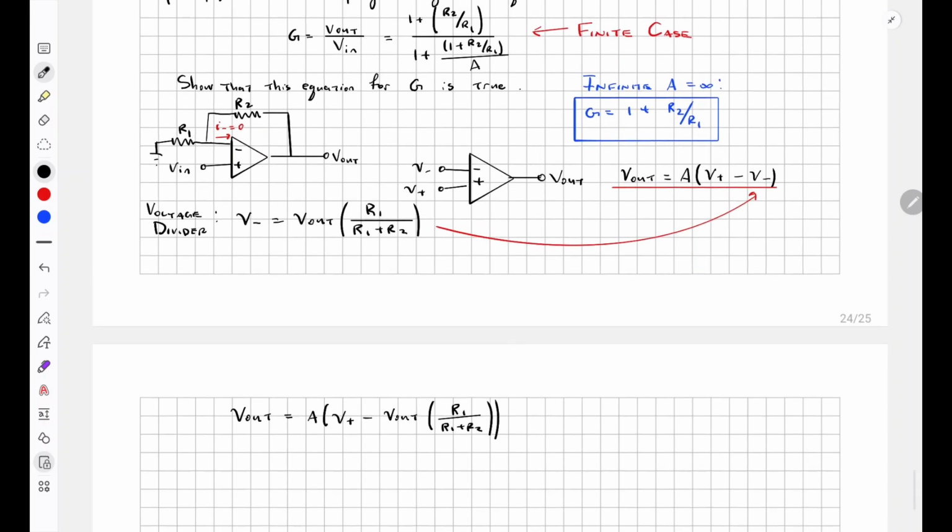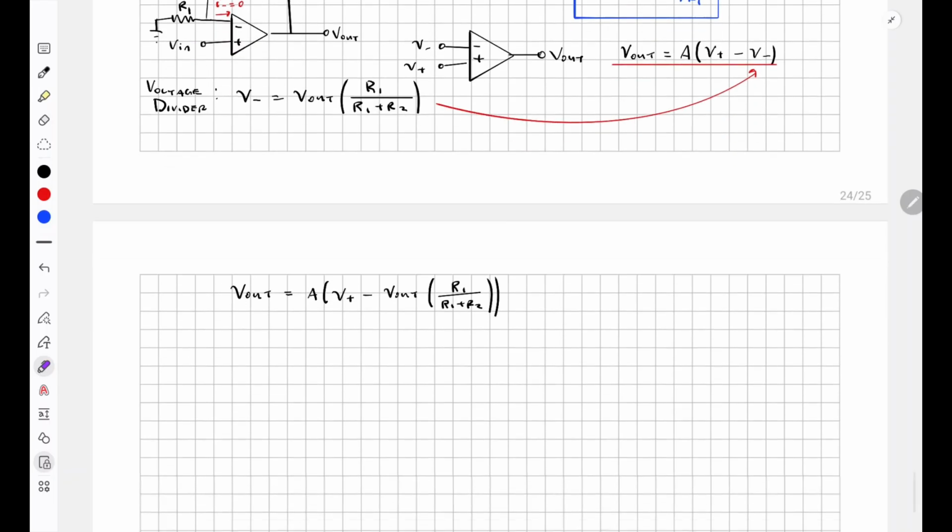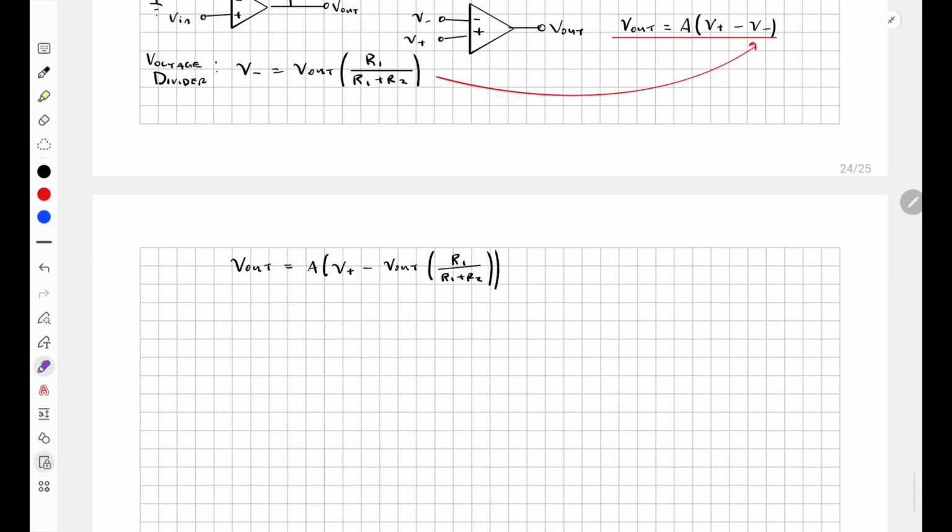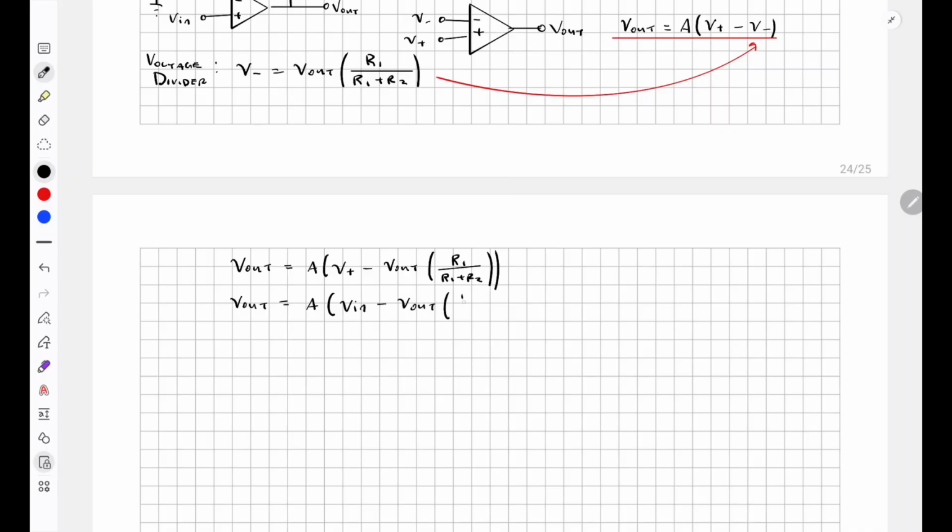And there's one more thing. In this circuit, V in is plugged into the non-inverting terminal V plus, so we substitute V in for V plus. So V out is equal to A times V in minus V out R1 over R1 plus R2.